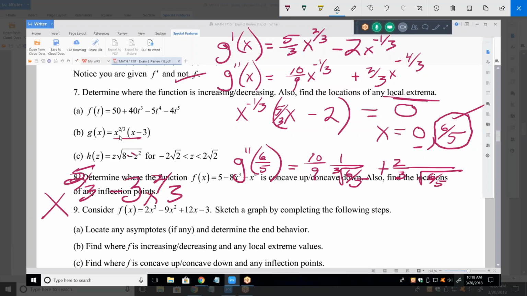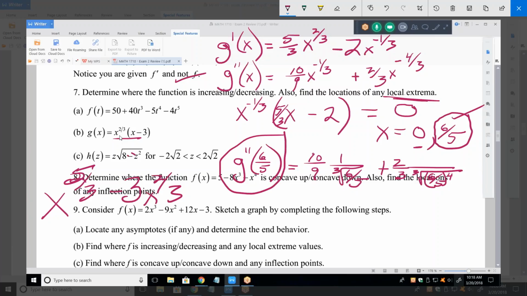I meant to put that in. I guess I can say cube root and then take that to the 4. There we go. Is that not this?